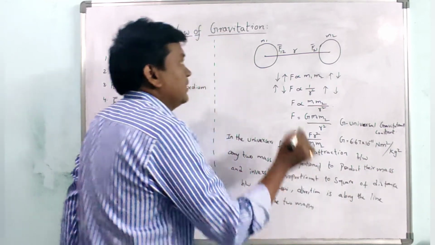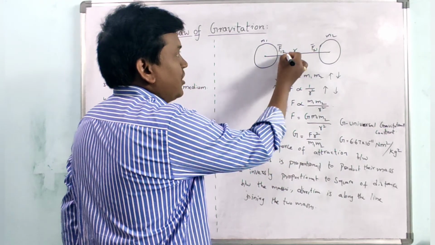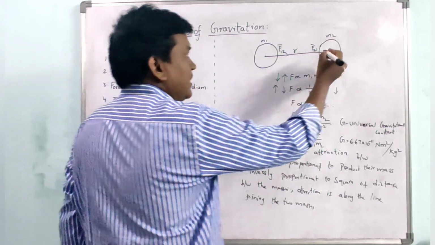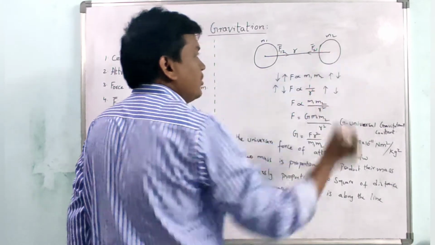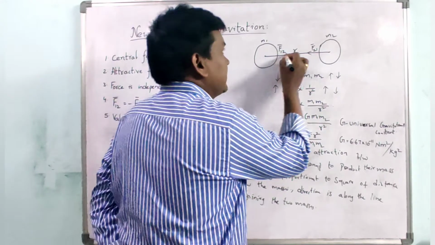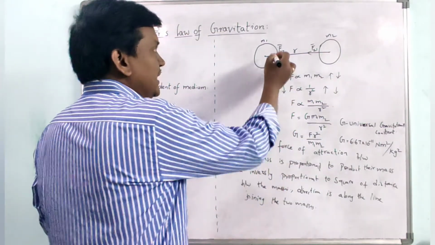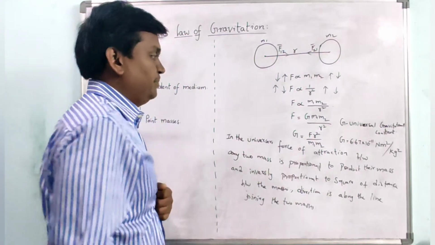That means M1 will exert some force in this direction and M2 will exert some force in this direction. So the direction will be along this line. The force of attraction between the two masses will be along this line.